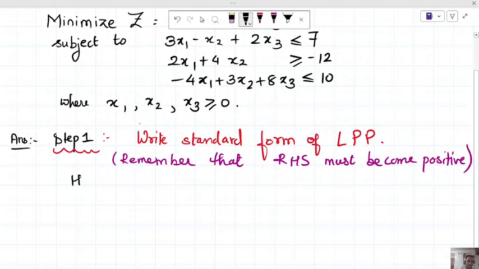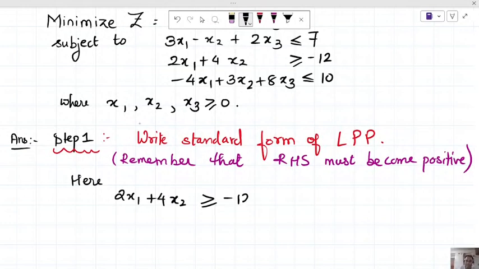Here 2x1 plus 4x2 is greater equal minus 12, so we write that it is same as minus of 2x1 minus of 4x2 is less than or equal to 12.